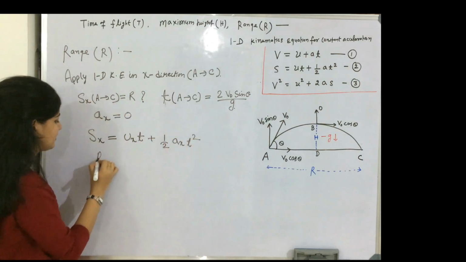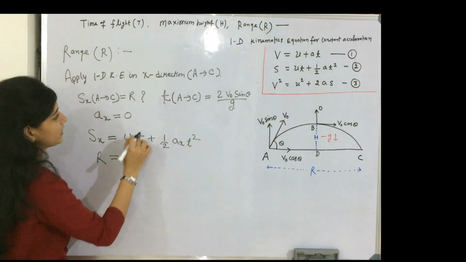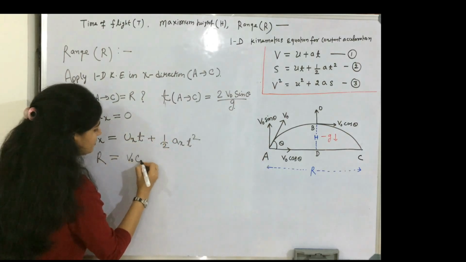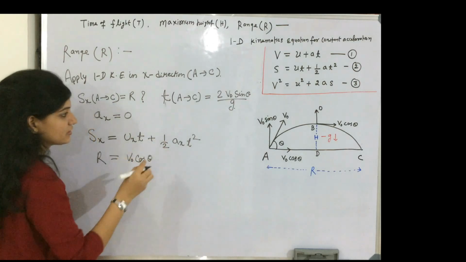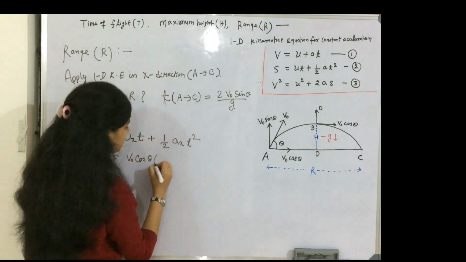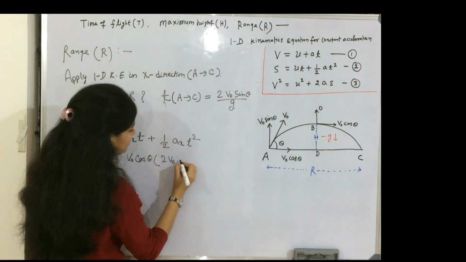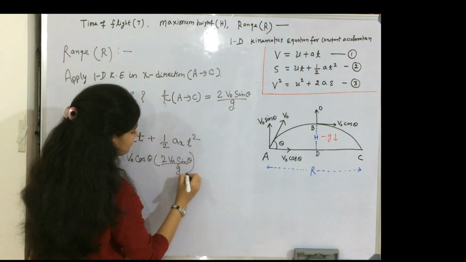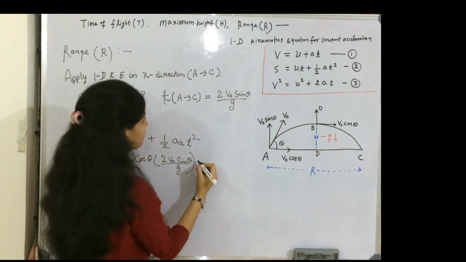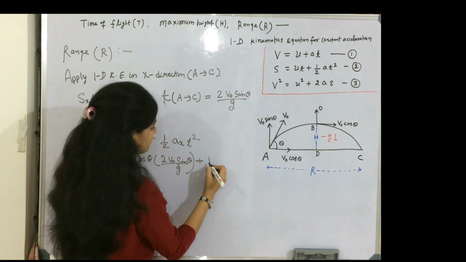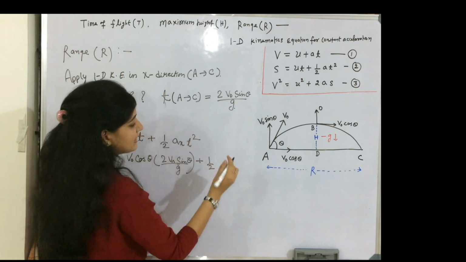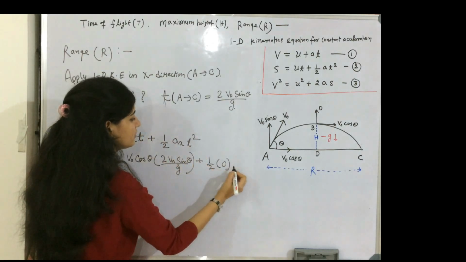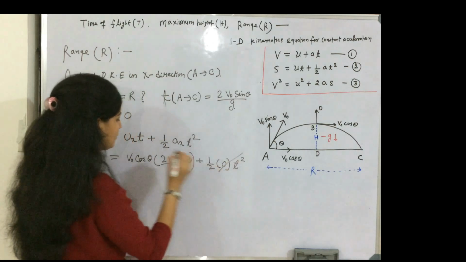So Sx we will put as R, ux is V naught cos theta, and t we have as 2V naught sin theta by g, which we derived from the formula of time of flight, plus half ax, which is 0, so it will become 0.